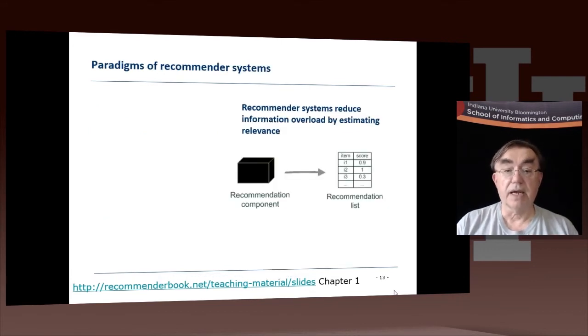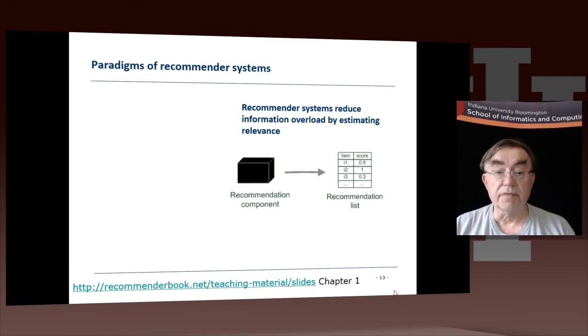So here we have discussion of the different paradigms of recommender systems, and we will just go through them one at a time as they pop up on the screen. In general, all recommender systems are reducing the user's information overload by giving items different relevances and only presenting, of course, the most relevant items.